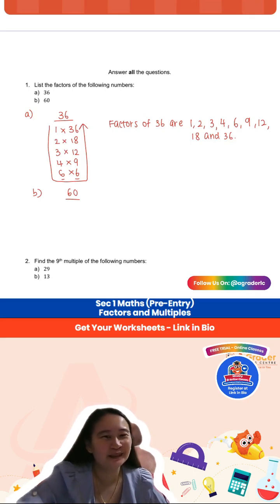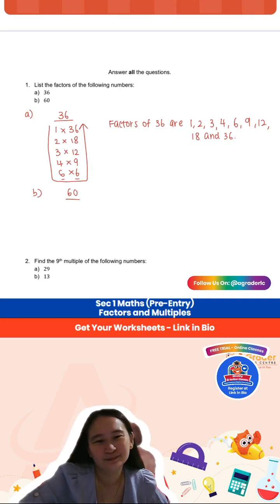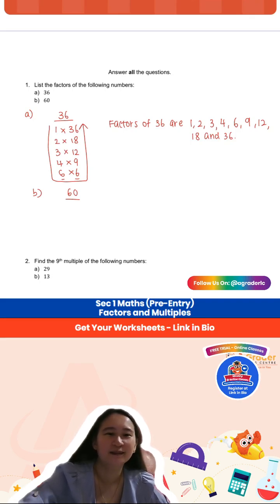Okay, 60 and 1 definitely. All numbers will have the number itself and 1 as factors. 2, correct. 5, 6. Any more? 3, good. 10, okay.